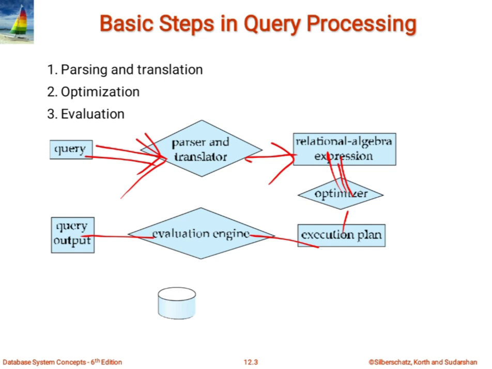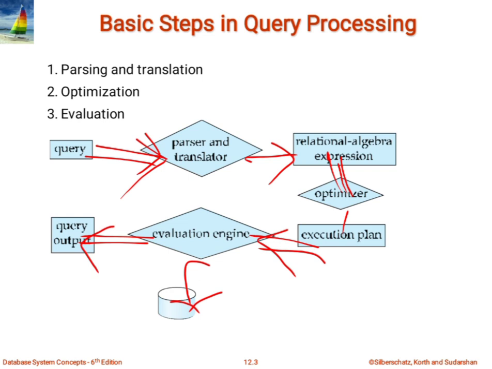Whichever query has the least cost gets evaluated and is passed to the evaluation engine. The evaluation engine executes that query on the database, and whatever result comes out is given to the user. This is the basic phenomenon of query processing.